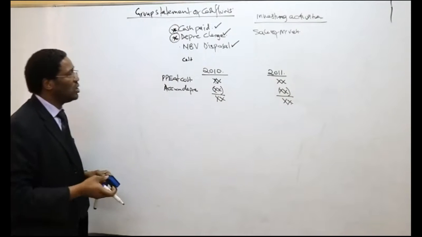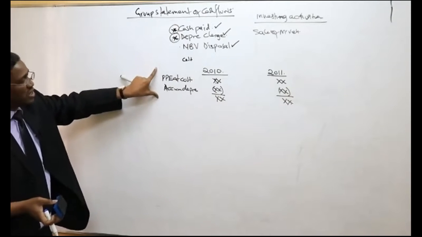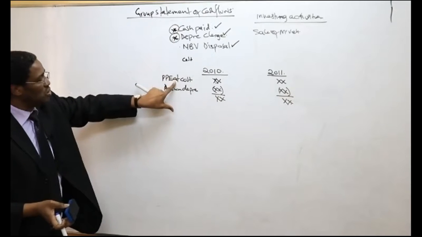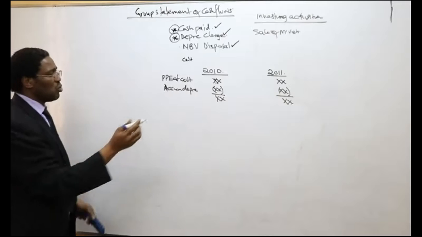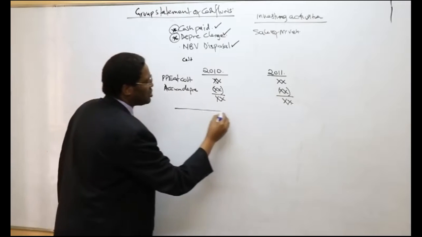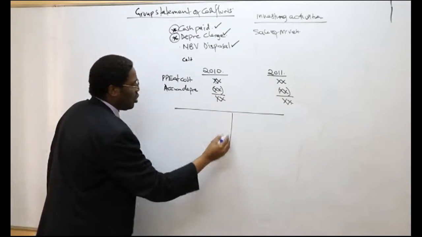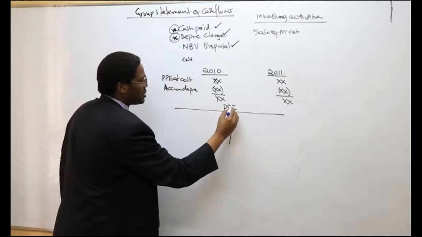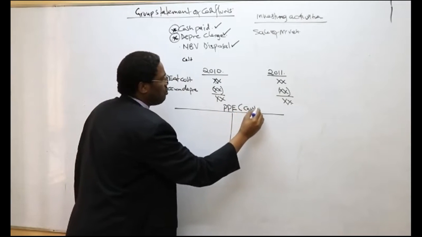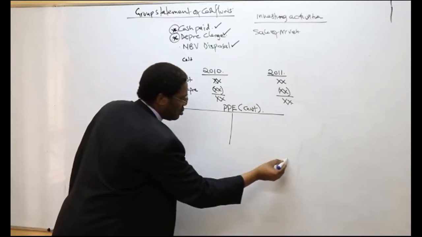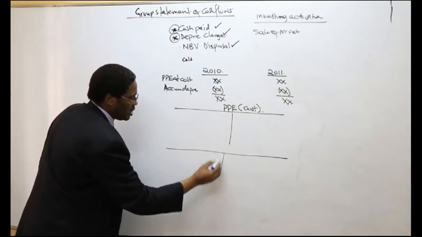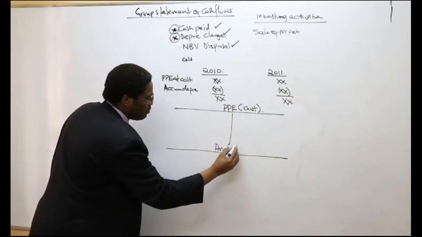That's why he's giving you the information now on the basis of cost and also on the basis of depreciation. So what you do, you open two separate accounts. One in the name of property, plant, and equipment, which this time you maintain purely on the basis of cost. And the second account that you prepare is an account called provision for depreciation.